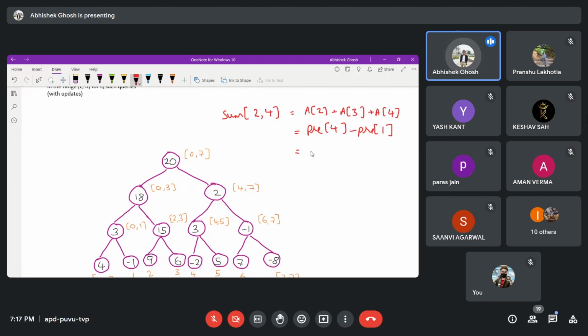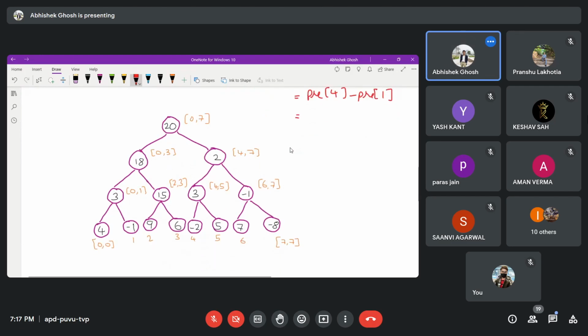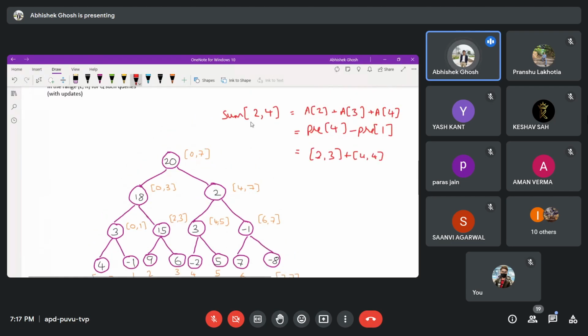Now, if I have answers for smaller ranges, let's say 2 to 3, and the answer for 4 to 4, and I take the sum of both, I will land with the original answer I wanted, the sum for a particular range. Using the divide and conquer approach, which is basically breaking down the problem in two, let's say I have this array, and I store the sum of the left elements and the sum of the right elements separately.